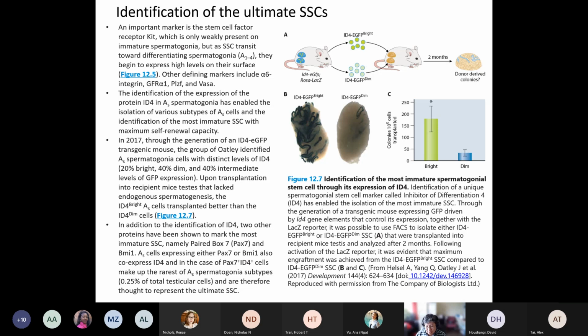So if somebody tells you that they have identified a new stem cell, you ask them, can you demonstrate that a single cell can give rise to the intended somatic cell type in vivo, in an animal? That's the ultimate test. As we have already seen on multiple occasions, that's the task that scientists consider to be a major milestone in defining adult stem cells. So here, I would like to tell you the identification of the ultimate SSCs.